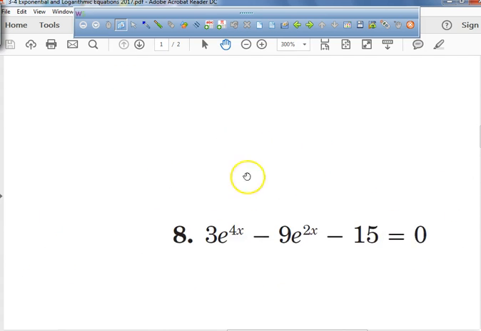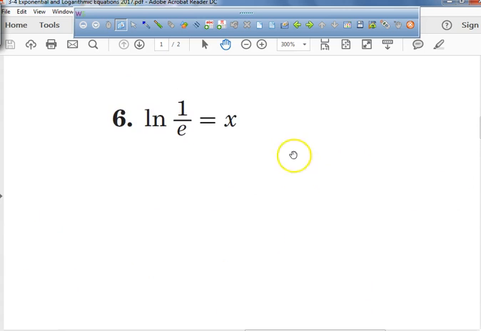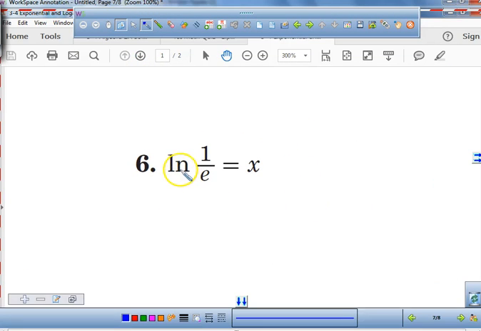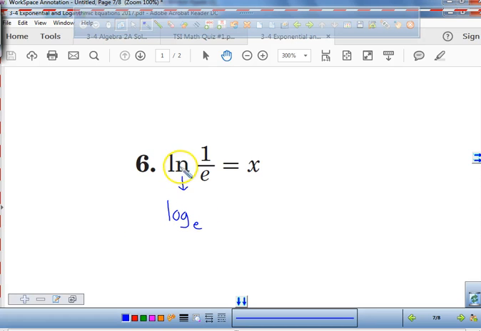Before we start number 8, I want you guys to look at number 7. I want you guys to rewrite this. Instead of seeing the natural log, I want you to write log base e. The natural log is log base e.